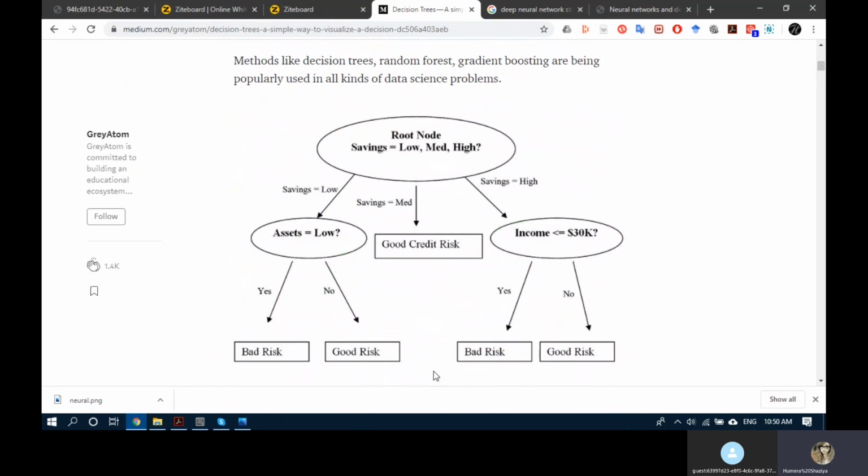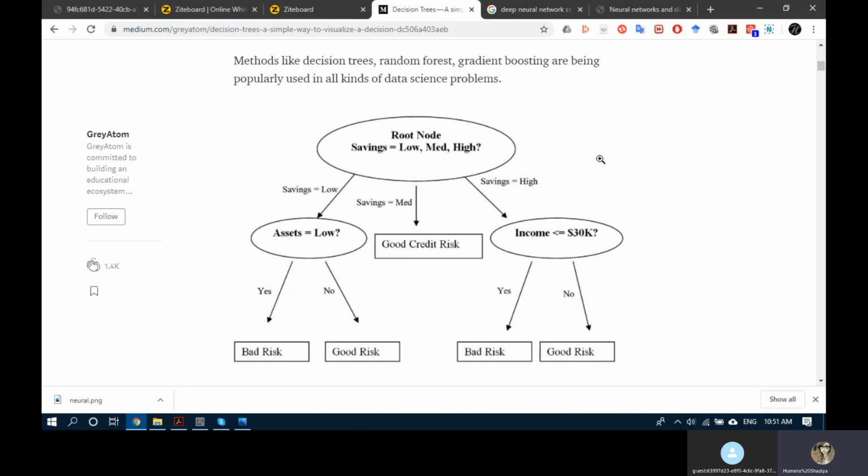Here is another decision tree. Savings low, medium, high. Low means assets low, bad risk, good risk. This is savings medium. This is all about credit, or giving a loan. You decide whether the income is low, medium, or high. High income, it is most likely that the loan is returned on time, perhaps before time.